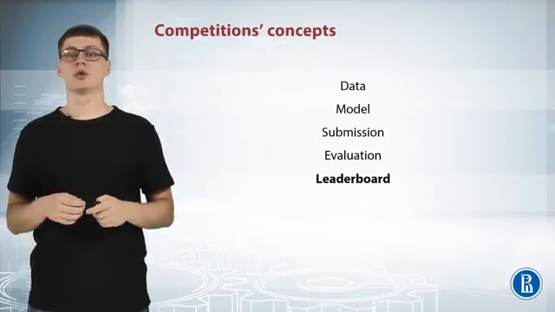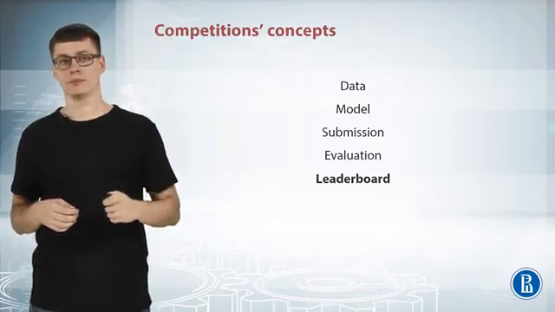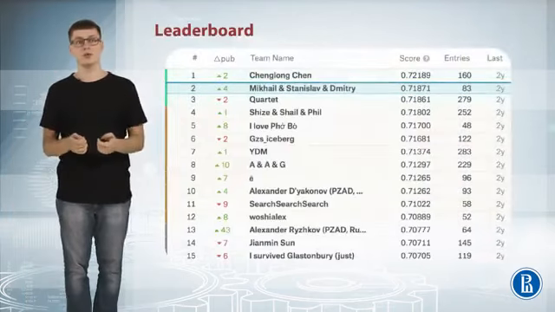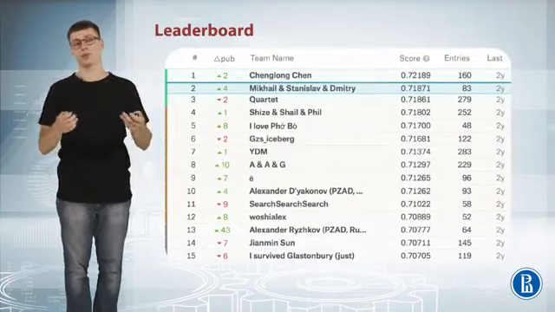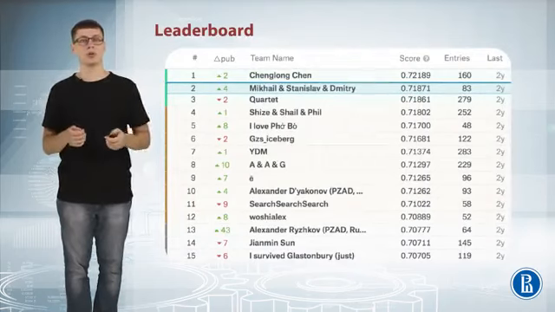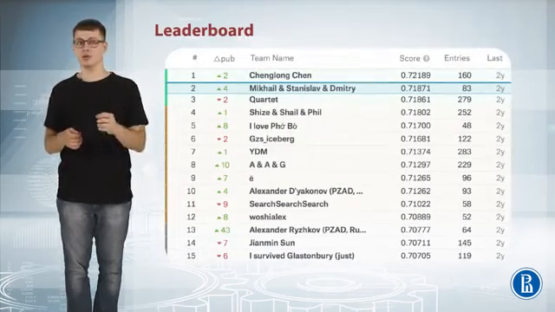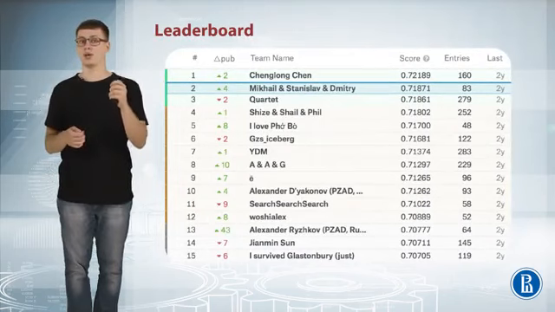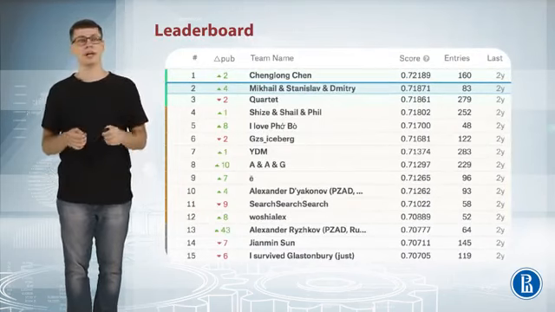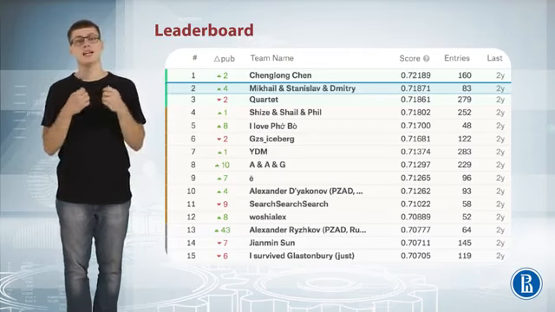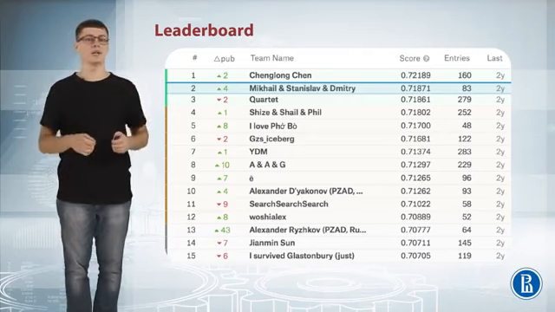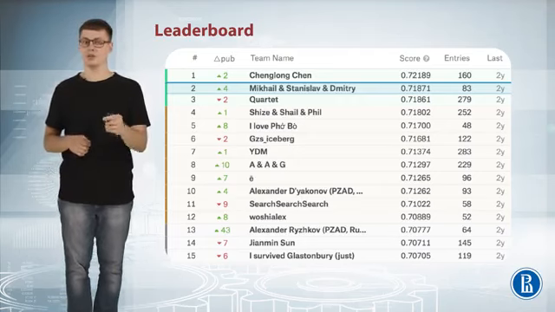So we move to the last concept we are considering, the leaderboard. The leaderboard is a rating which provides you with information about the performance of all participating teams. Most machine learning competition platforms keep your submission history, but the leaderboard usually shows only your best score and position. Take notice that a submission score reveals some information about the test set, and in extreme cases, one can obtain ground truth targets after sending a lot of submissions.